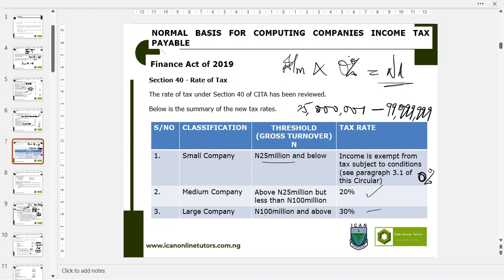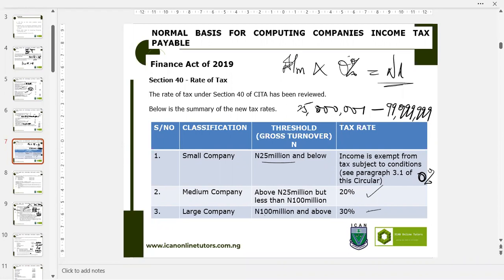So if we are not assessing you to tax, you cannot be accumulating your unutilized capital allowance up to when you qualify to start paying tax. Do you understand? So all qualifying capital expenditure shall be treated and computed, and capital allowances shall be computed thereon, but it will not be utilized.